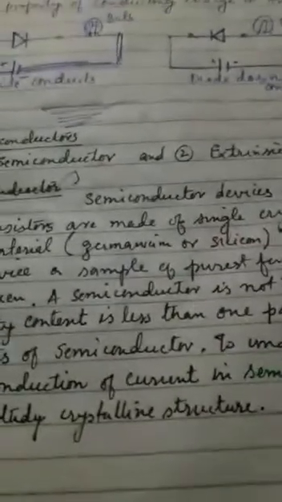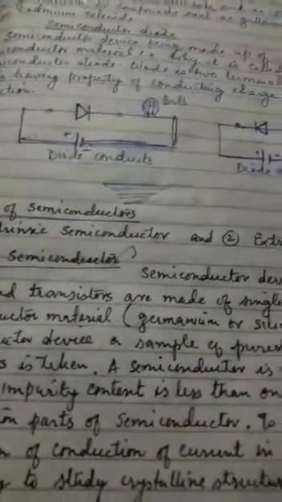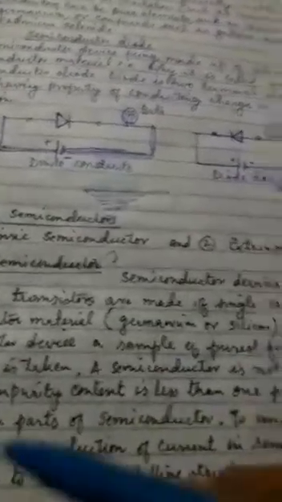We are compelled to go through the crystalline structure of semiconductor devices so as to know the flow of current in such devices. That study of crystalline structure I will discuss in the next topic.